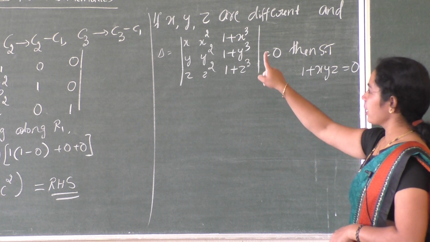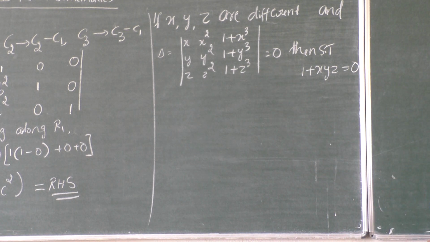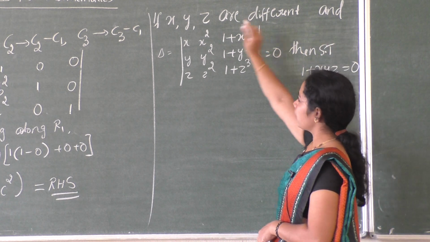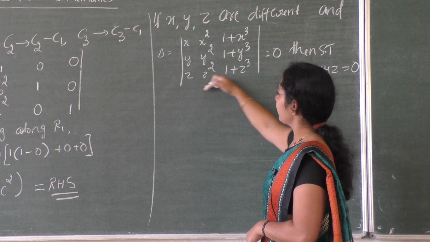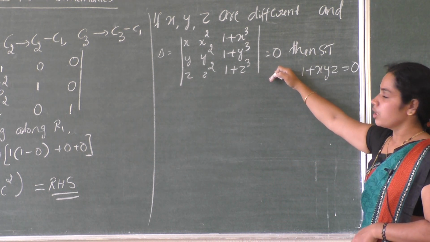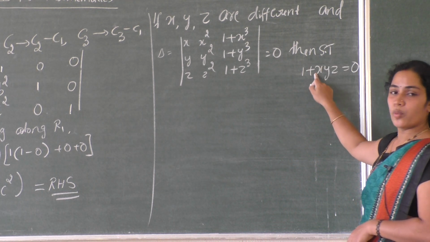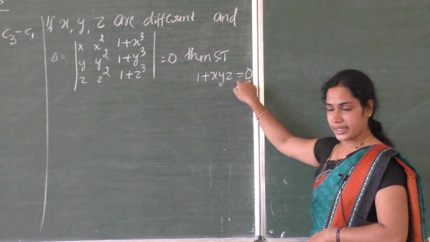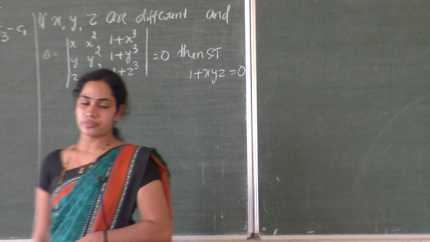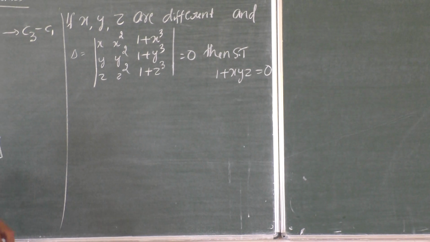Here, if x, y, z are different, that means x, y, z are not equal, and given that this determinant is 0, we have to show that 1 plus xyz is equal to 0. Now let us take delta.